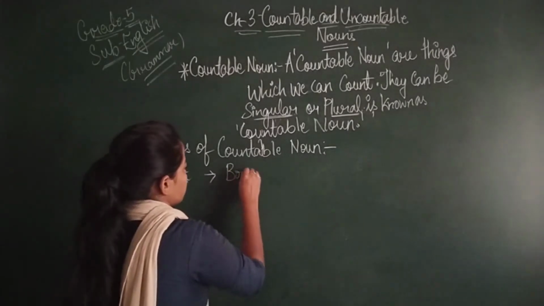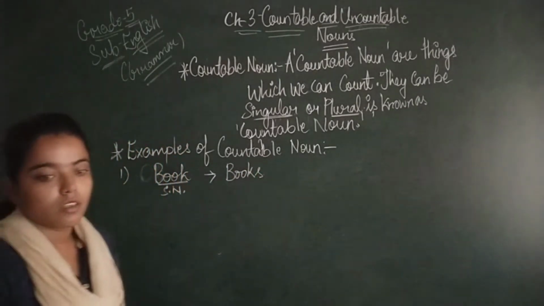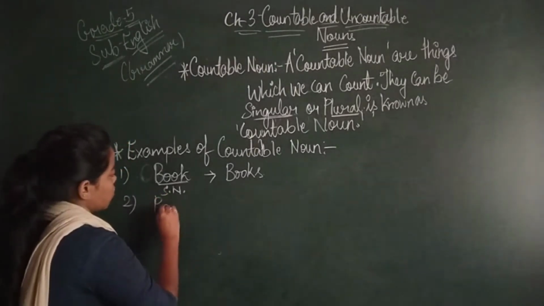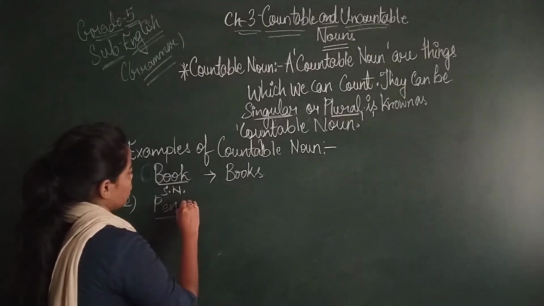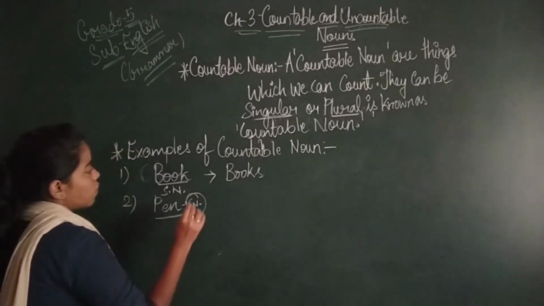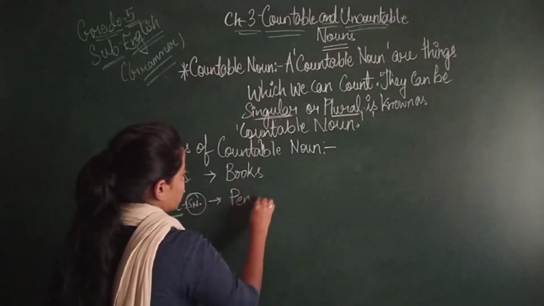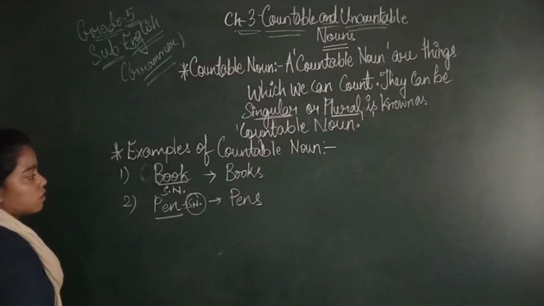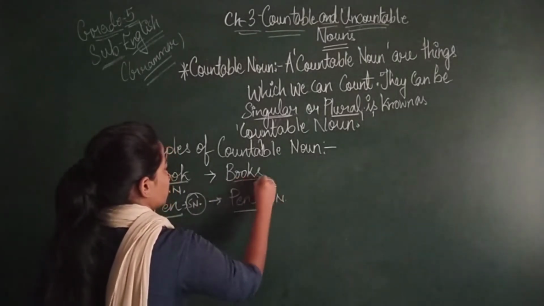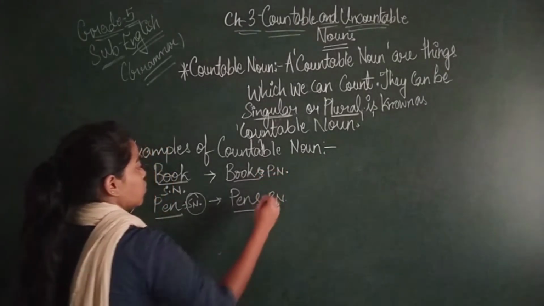So, books. Right? Next, pen. Again it is a singular noun. Now I want to convert it into plural. So, pens. This is my plural noun.